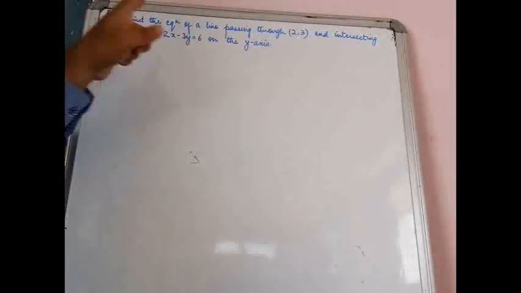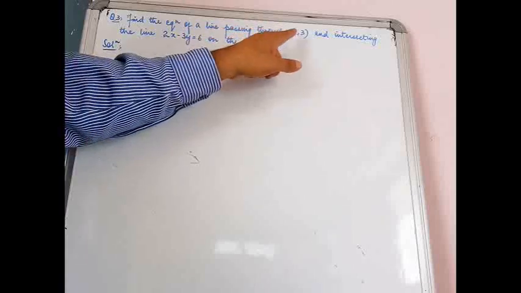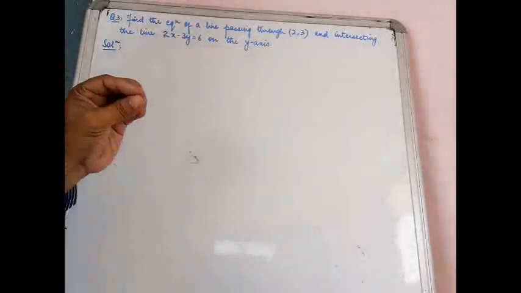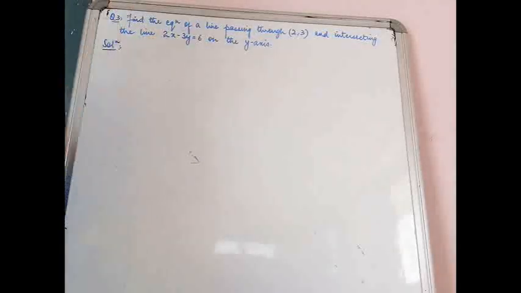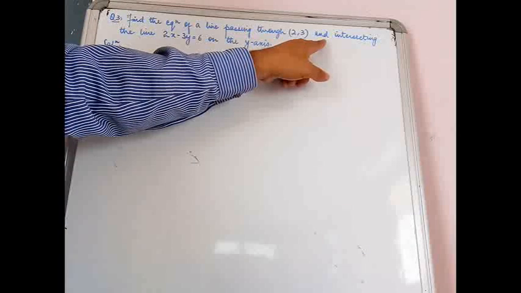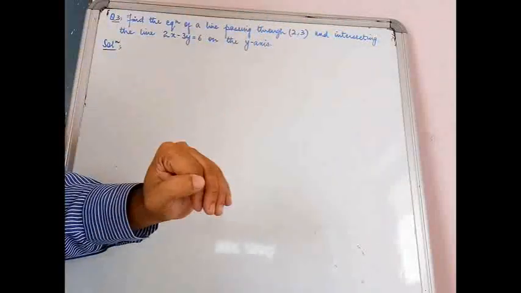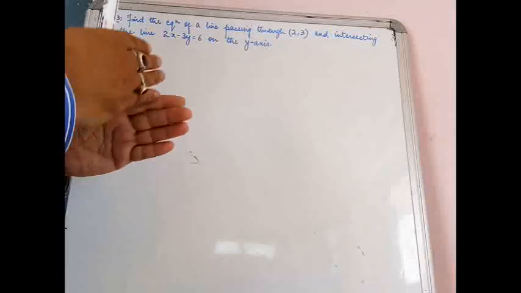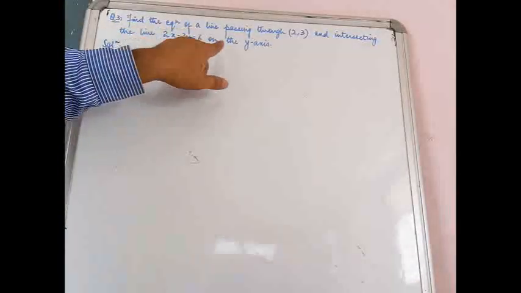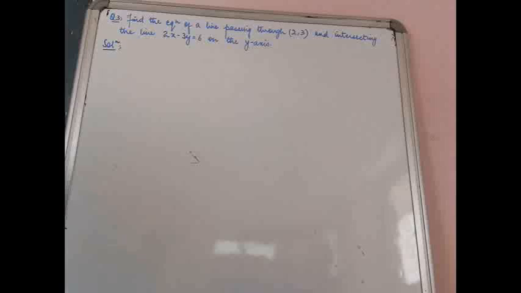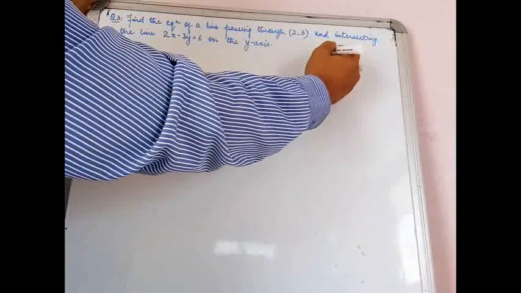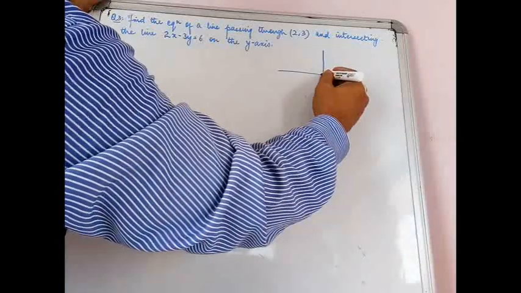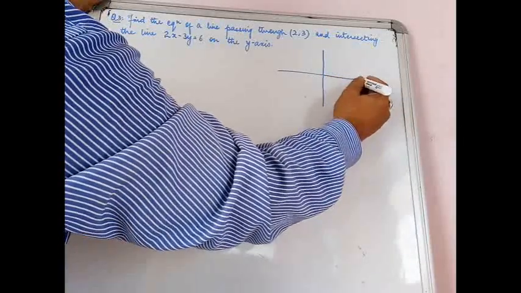As you can see, the line is passing through one point. So one point is clear to us. One point is given to us through which the line is passing. And our line is intersecting another line. Intersecting means basically cutting across another line. Where? On the y-axis. So let me just draw a rough diagram for you to understand the situation broadly.